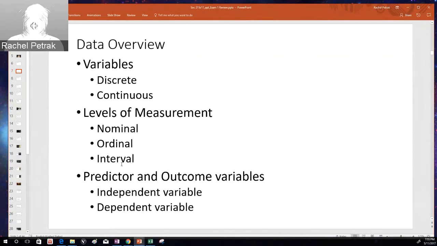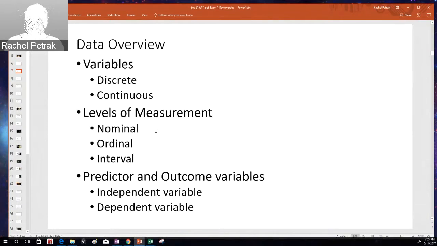And then each of these levels of measurement has certain measures of central tendency, measures of variability, and then, as we'll get into in the next portion of our class, particular statistical tests that are valid for that level of measurement. And so you'll need to keep this in mind, and that's why it's so important to be able to accurately classify variables based on their levels of measurement. And not just that, but remember what goes with what level of measurement.